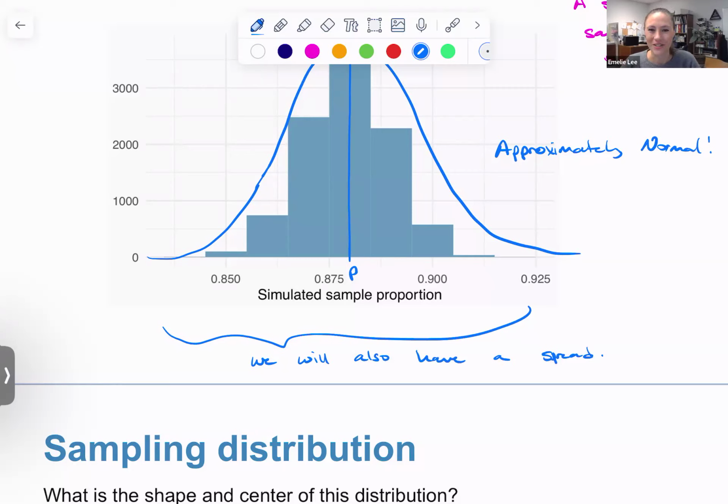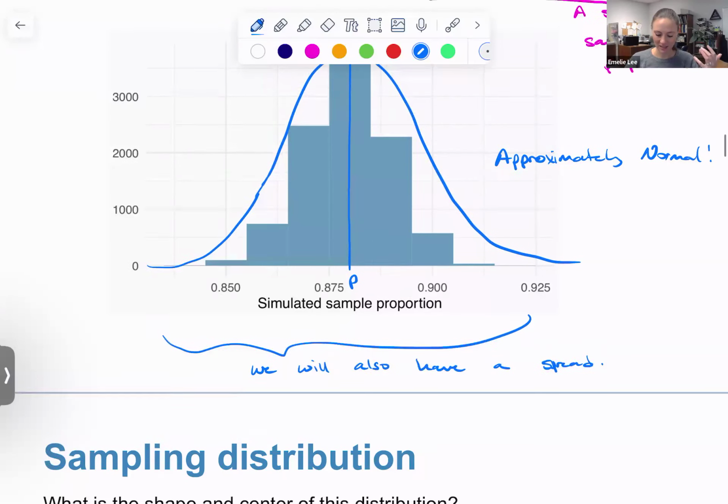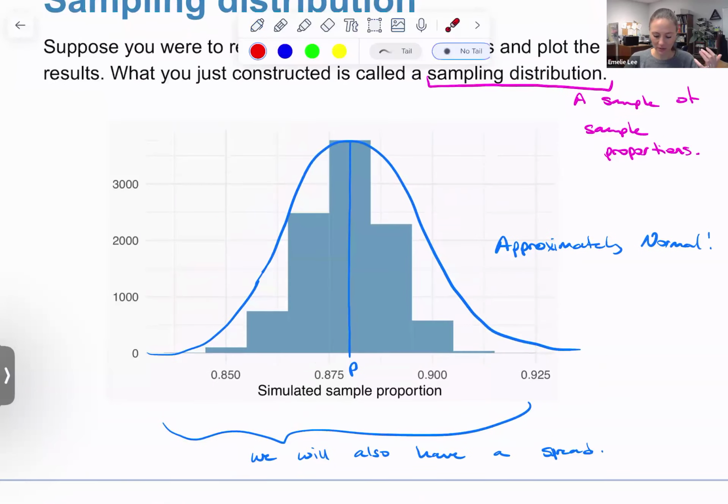I'm holding off on just a little bit longer because what is this spread? Well, first let's talk about what this distribution is. Well, it's a distribution of sample proportions. So then what I would be talking about in terms of the spread, because it's approximately normal, I can say, okay, well, then I can use the standard deviation as an appropriate measure of spread. But then I'm finding the standard deviation of the sample proportions.